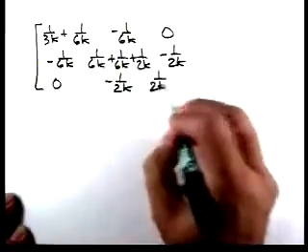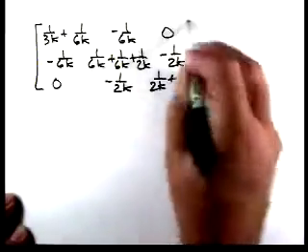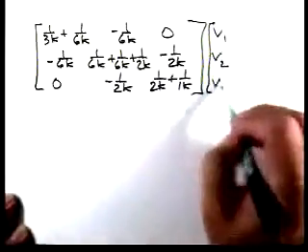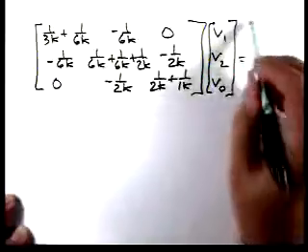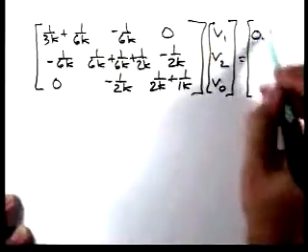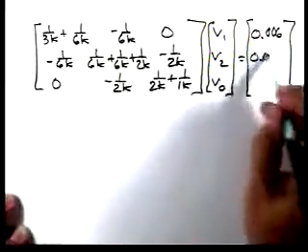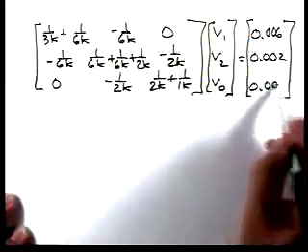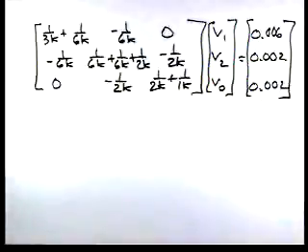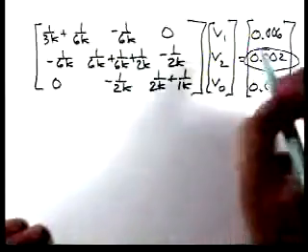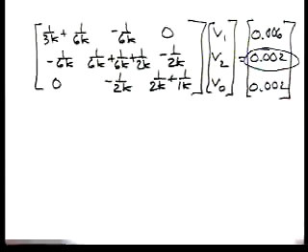By making that one substitution, we just reduce the amount of information that we had to plug into MATLAB. And this term here is tied to that V3 equal to 12.